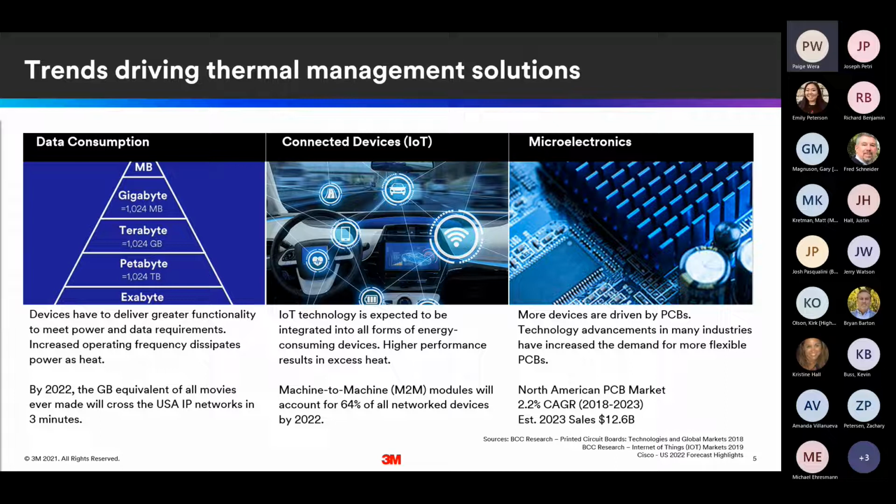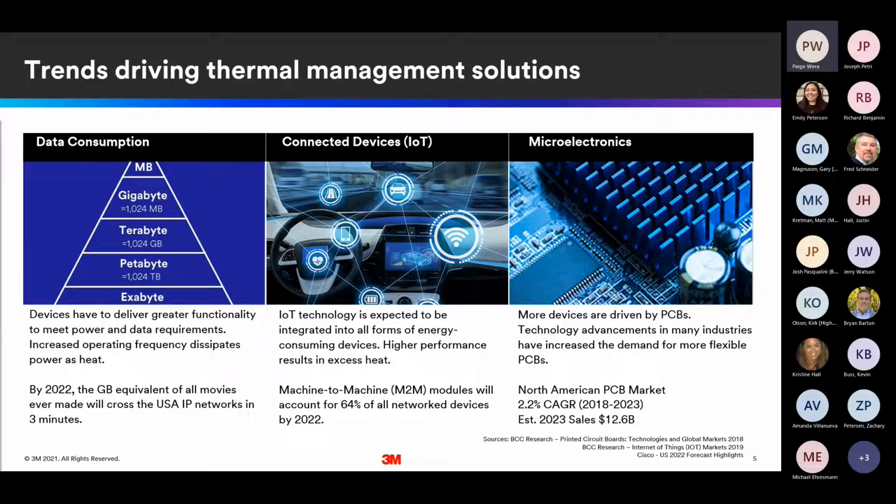Two other trends in technology that are causing more design challenges are our devices. We are consuming more data than ever. That means they need to have greater functionality because they have to meet those power and data requirements. And anytime you increase an operating frequency for a device, it's going to dissipate more power as heat, and that heat has to be dissipated or it's going to affect the device.